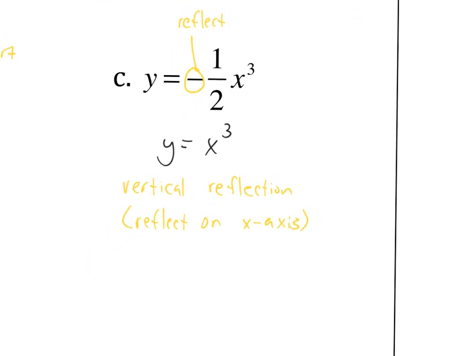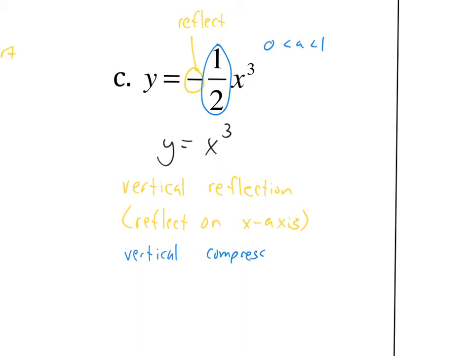All right, next, the half. Because it's a multiplication, we see it's going to be a scale. And because this a is between 0 and 1, we know that it is going to be a vertical compression.